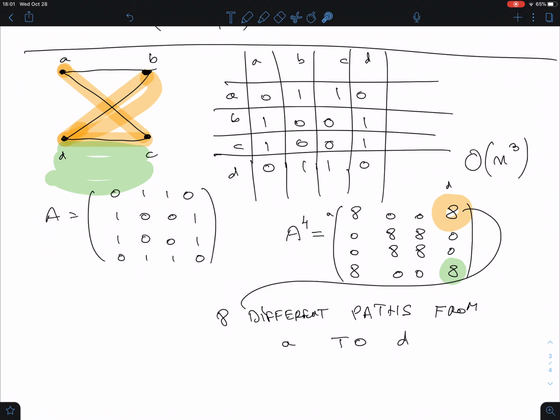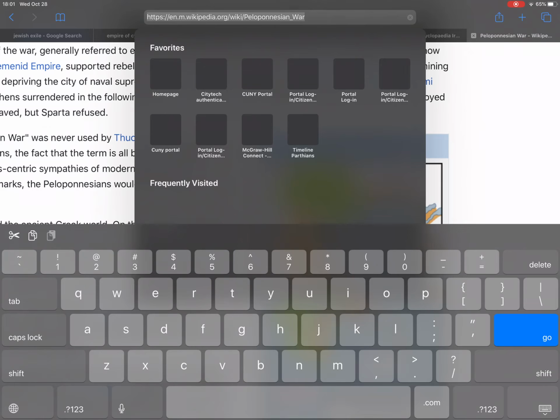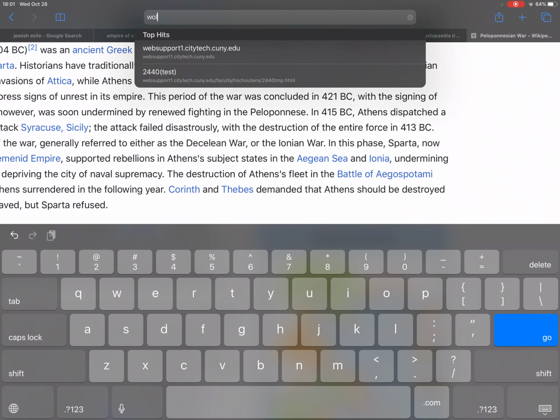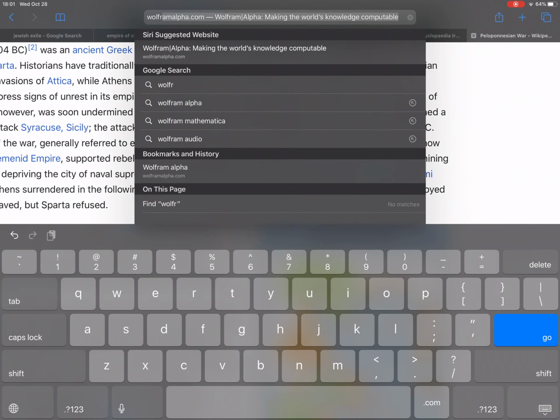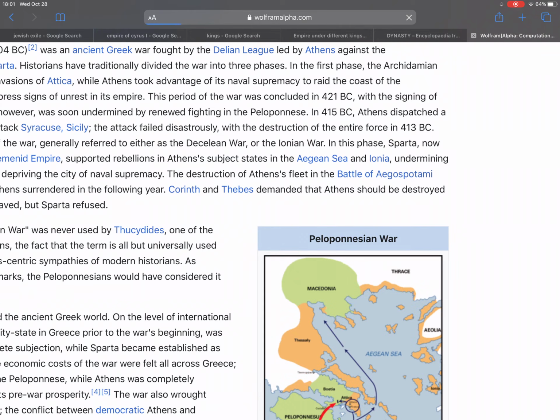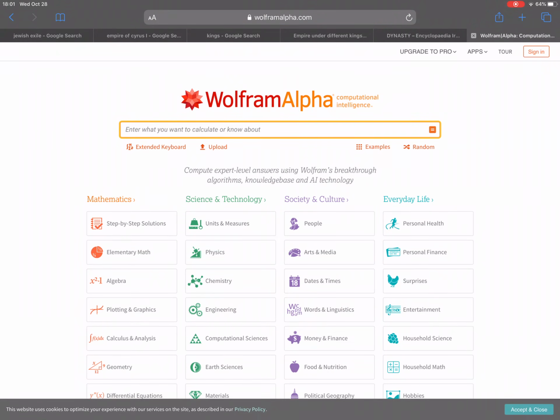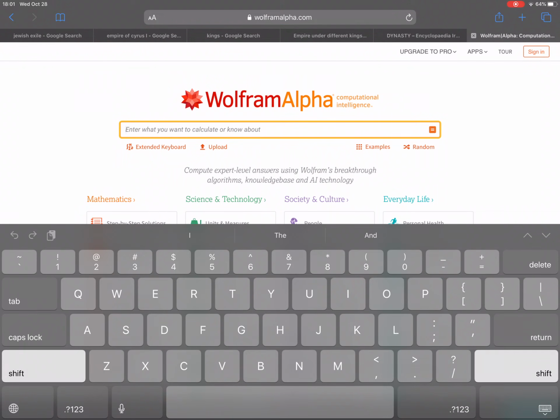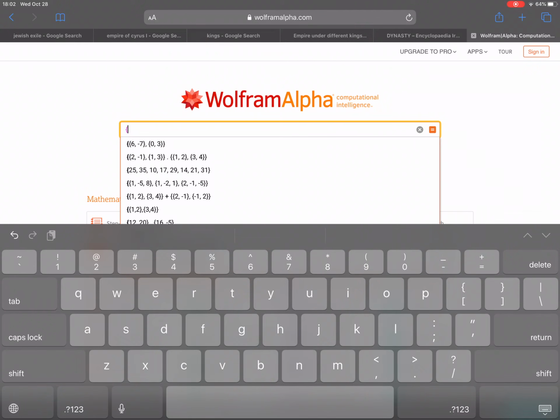Let's figure that out. So for now I have to use Wolfram Alpha, because otherwise multiplying matrices is very cumbersome. So here is my matrix, and it is even in Wolfram Alpha cumbersome to put it down, especially if you have an iPad.